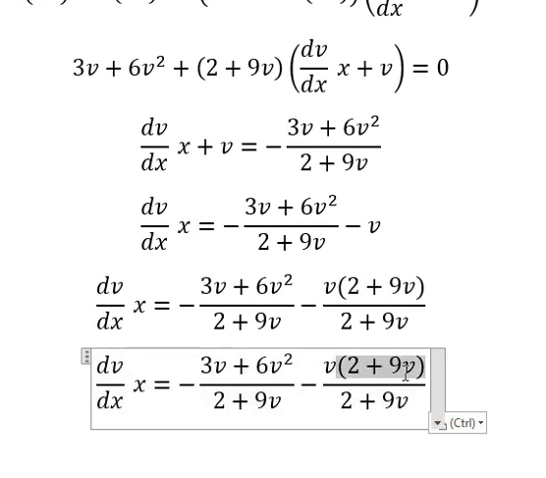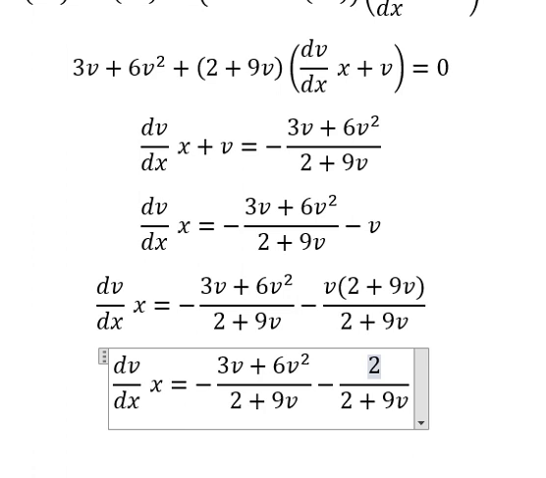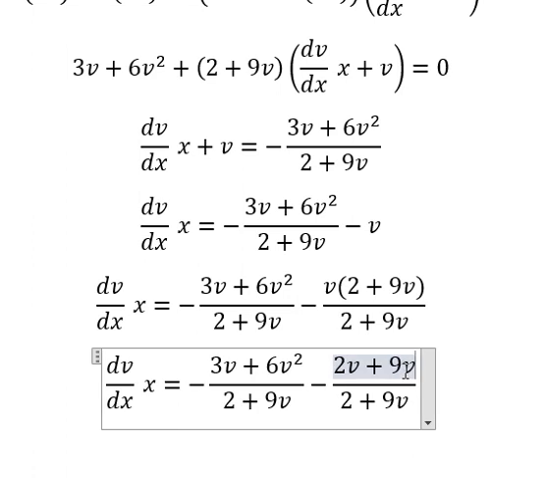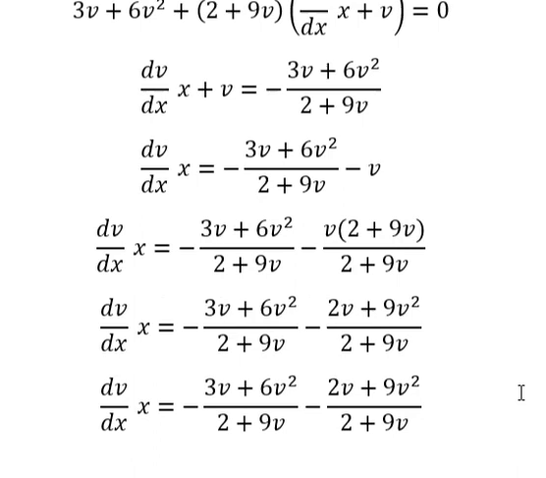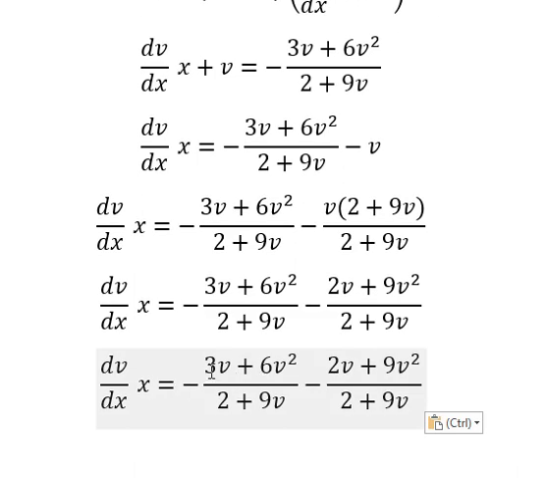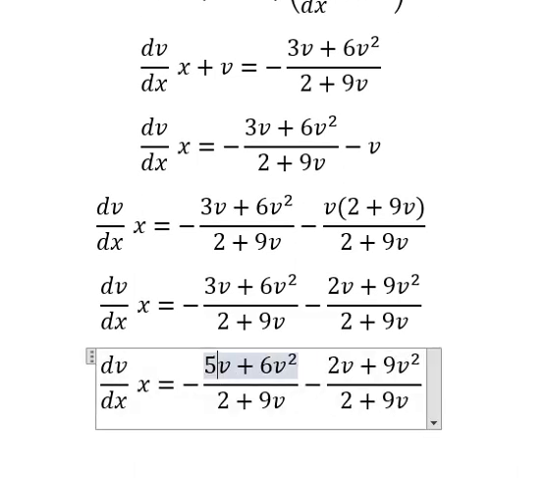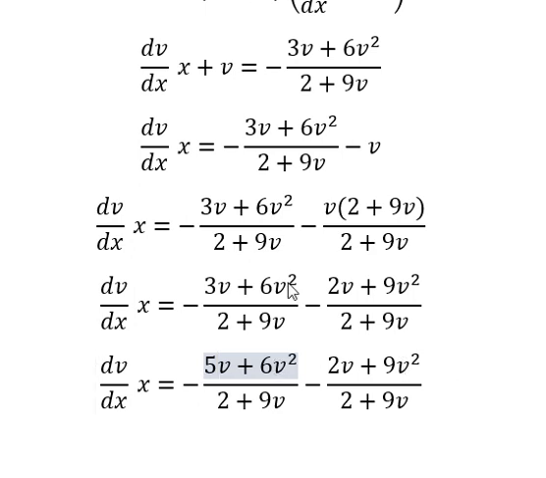So this one, we have 2v plus 9v squared. So negative 3v, negative 2v, we have negative 5v. Negative 6v squared, negative 9v squared, we have negative 15v squared.